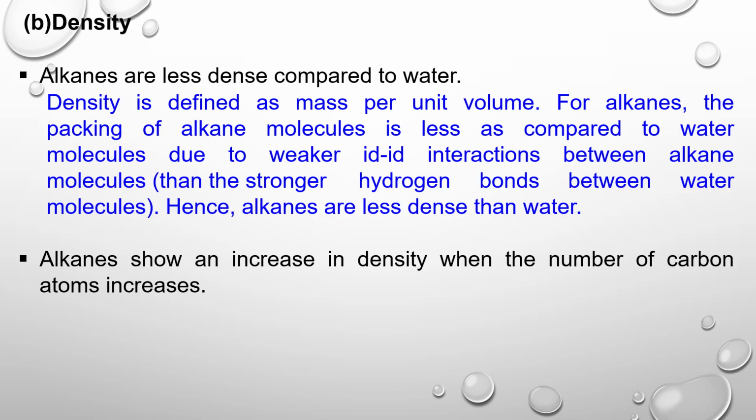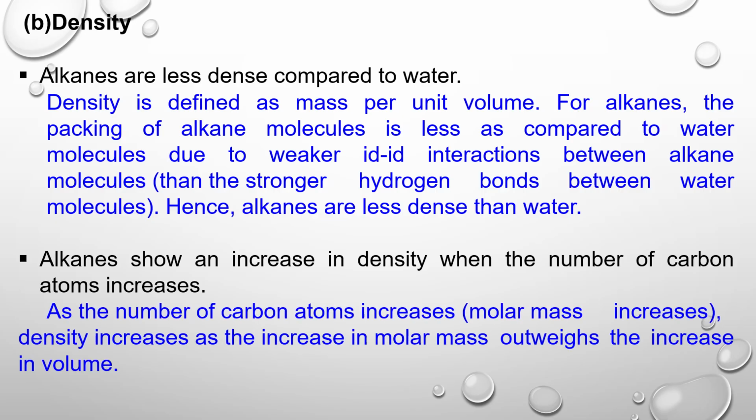The next thing we see is that alkanes show an increase in density when the number of carbon atoms increases, from the table that you saw previously. The reason is that as the number of carbon atoms increases, the molar mass increases, right? So the density will increase as the increase in the molar mass is more than the increase in the volume. That also explains why your alkanes show an increase in density down the group.